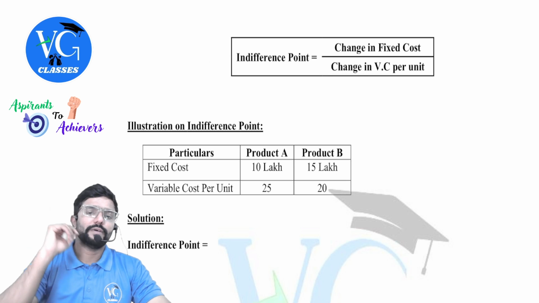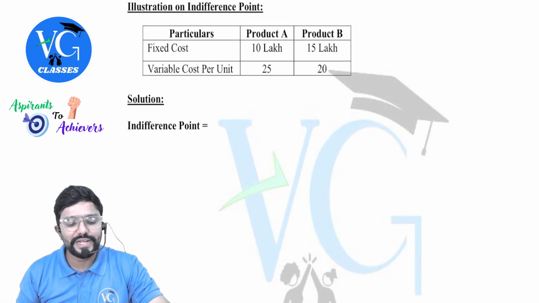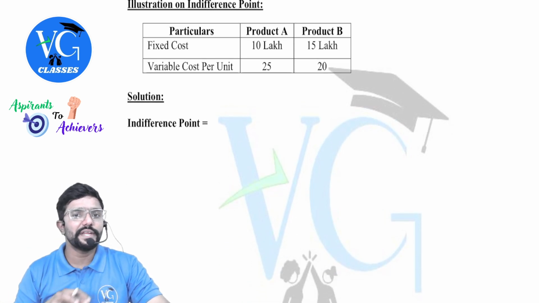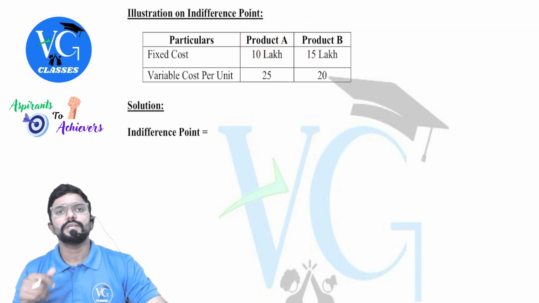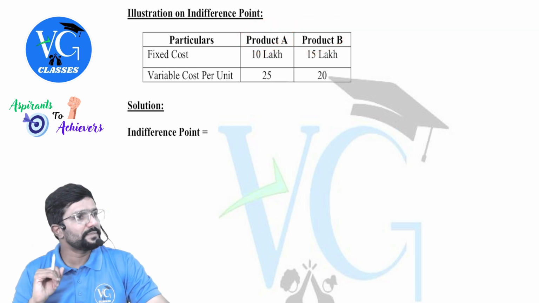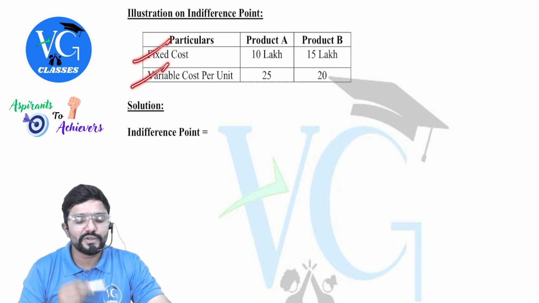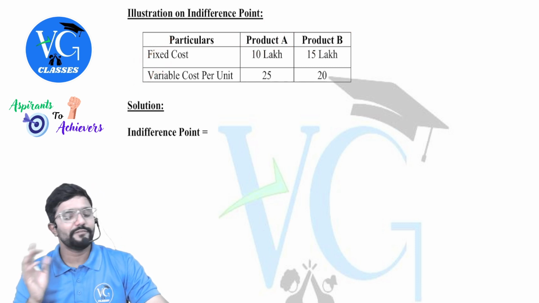Now, I will discuss along with an illustration so that you will get more clarity. Illustration on indifference point. Guys, I have a confusion whether to produce product A or product B. This concept will help me. Take how much is fixed cost and variable cost per unit and find out the difference.